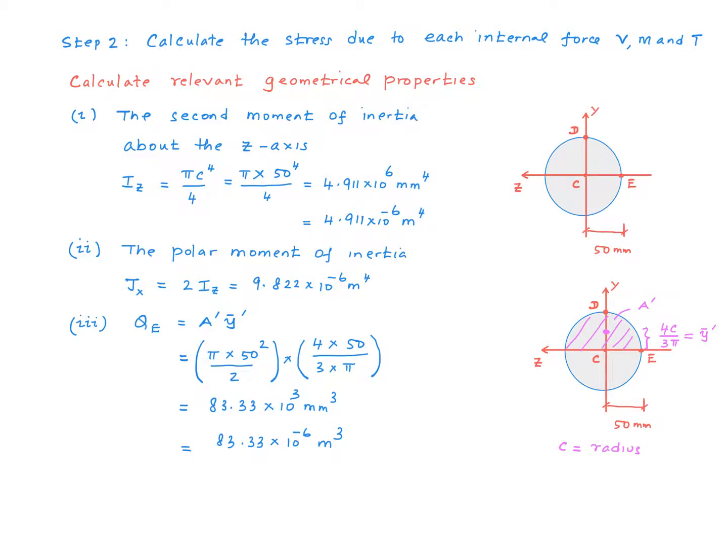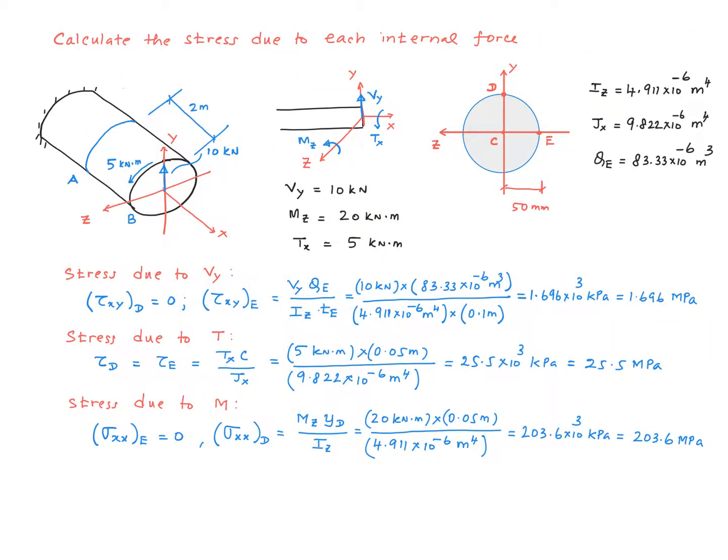You get a value of 83.33 times 10 to the minus 6 meter to the power of 3 for QE. The corresponding value for point D is 0, and that is why the shear stress due to the shear force at that point is going to be 0. Now that we have calculated all of the relevant parameters, we can go ahead and calculate the stresses due to each of the internal forces.